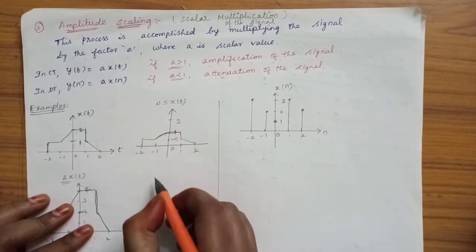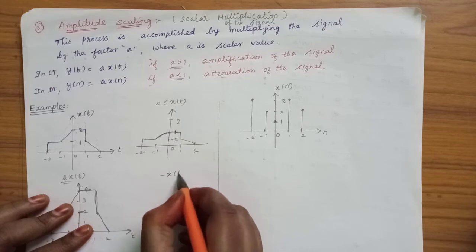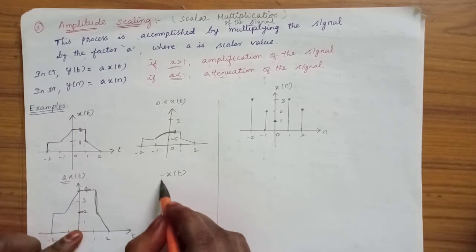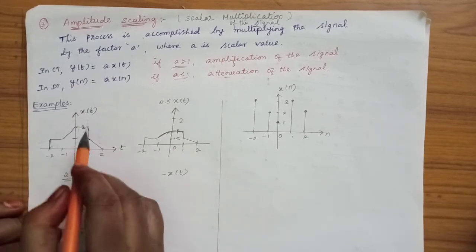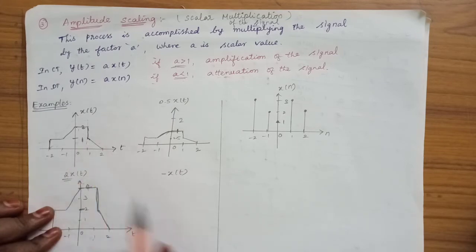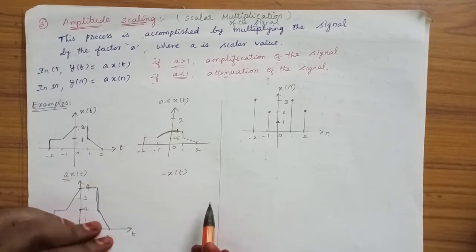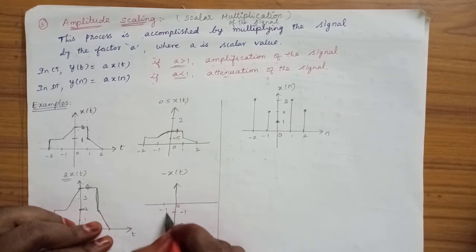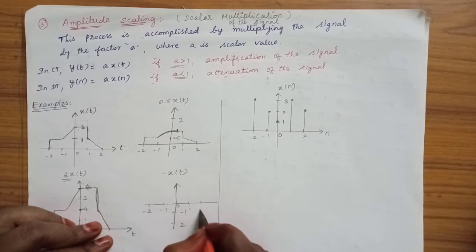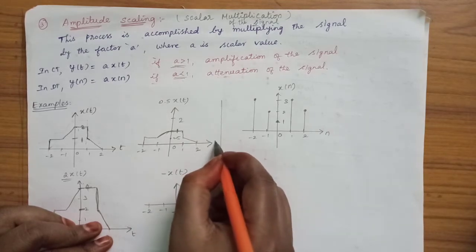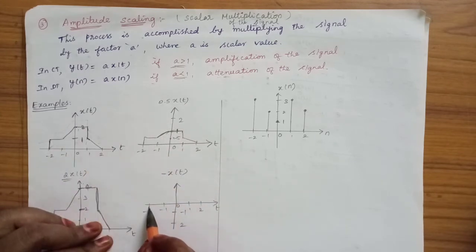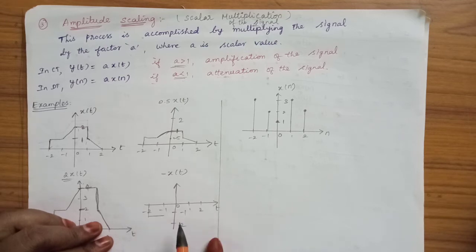We'll see one more example, that is minus x of t. It means that we have to multiply x of t with minus 1. So 1 into minus 1 is minus 1, 2 into minus 1 is minus 2. Then we will get an inverted signal. From minus 2 to minus 1, instead of plus 1, here minus 1.